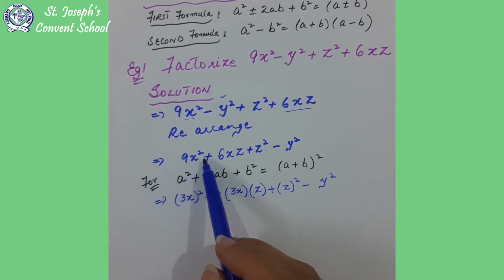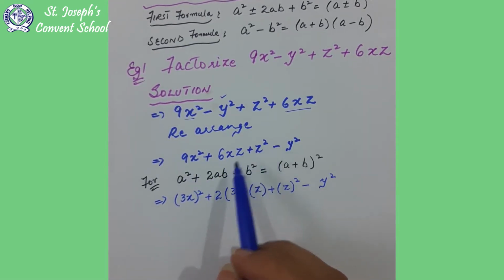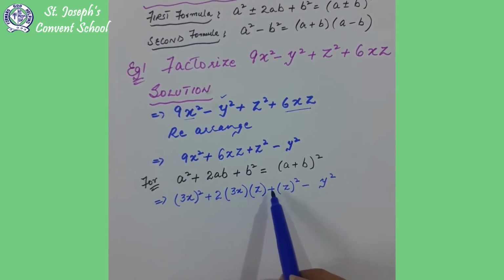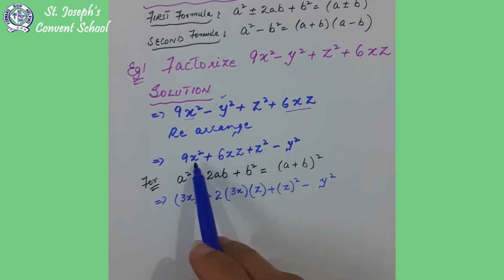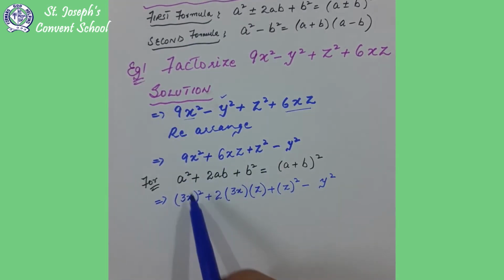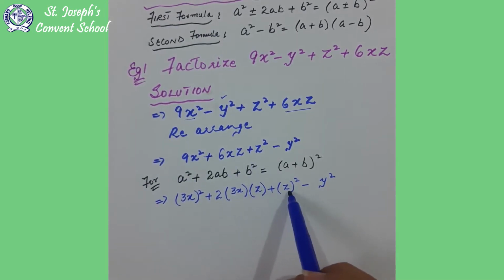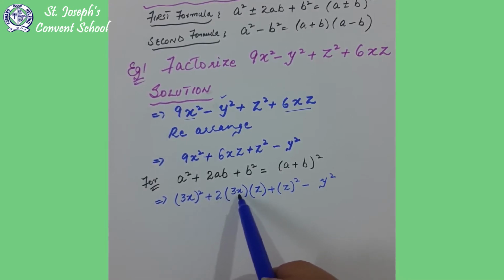This is a square plus 2ab plus b square. You have to write it according to the formula: root of this term, root of last term, and the middle term is the product 2a and b.